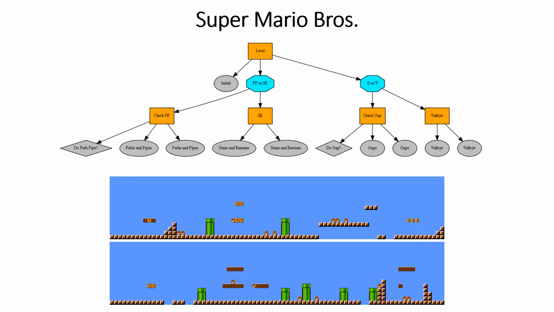So here's another example, this demonstrating the use of selector nodes, shown using the blue octagons for picking between different branches of execution. So after a random initial segment is generated, the first selector decides whether to generate a section of paths and pipes or a section of stairs and enemies, while the second decides between a section with gaps and a section with valleys.